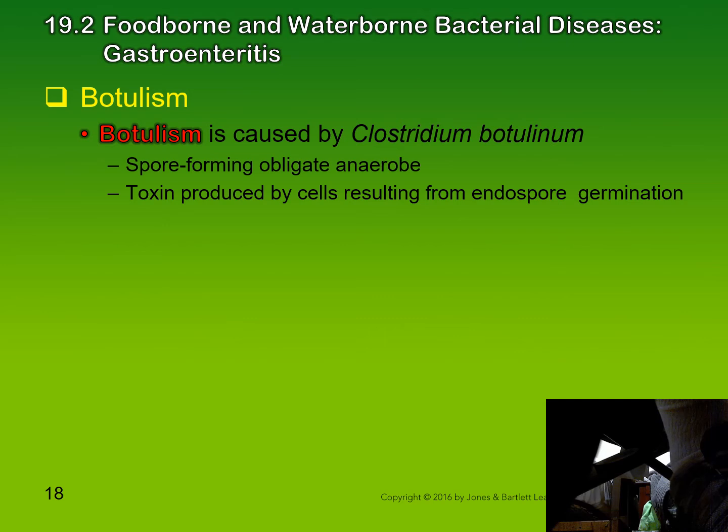Now the toxin is produced by cells that will end up becoming spores, and the botulism toxin is among one of the most dangerous toxins known to man.